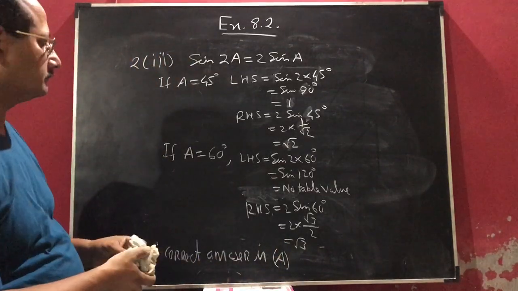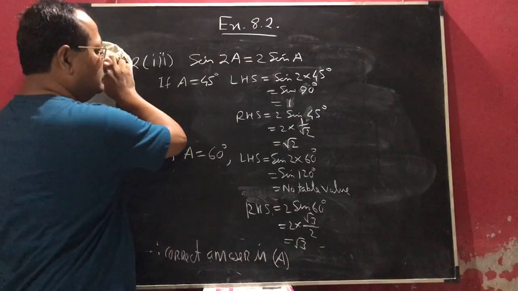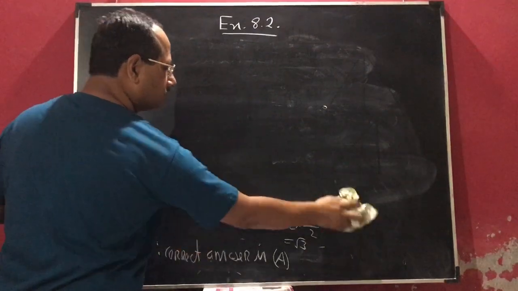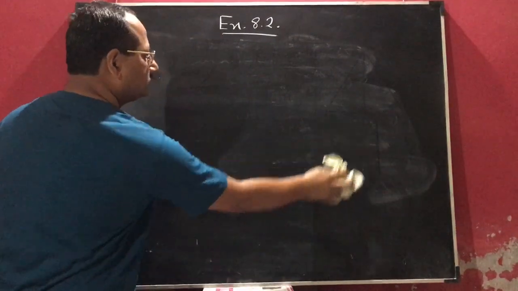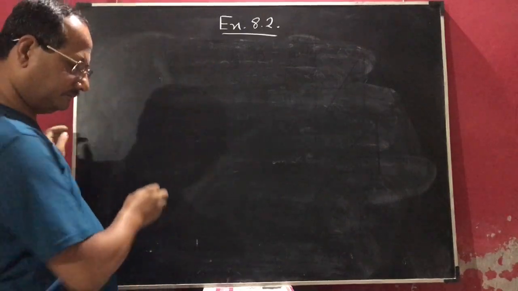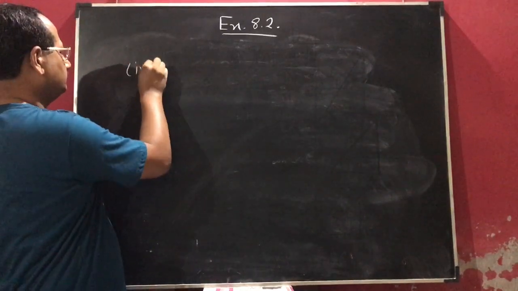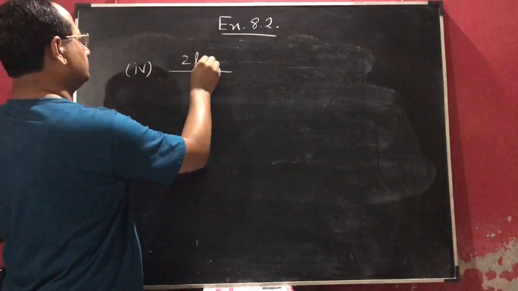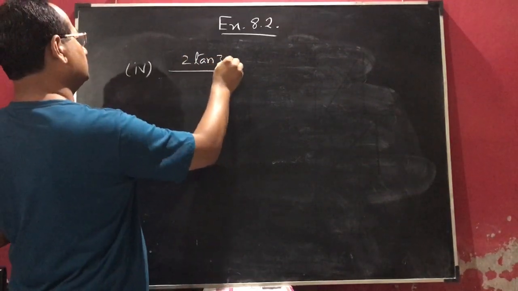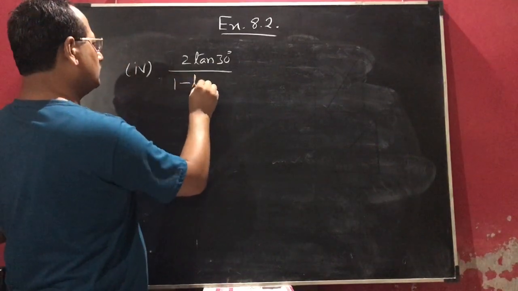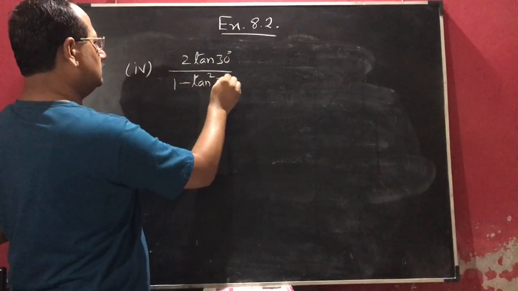Now number 4: 2 tan 30 degree divided by 1 minus tan square 30 degree.